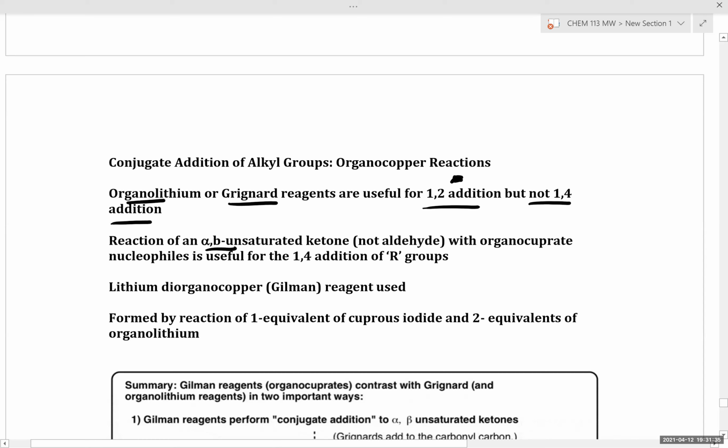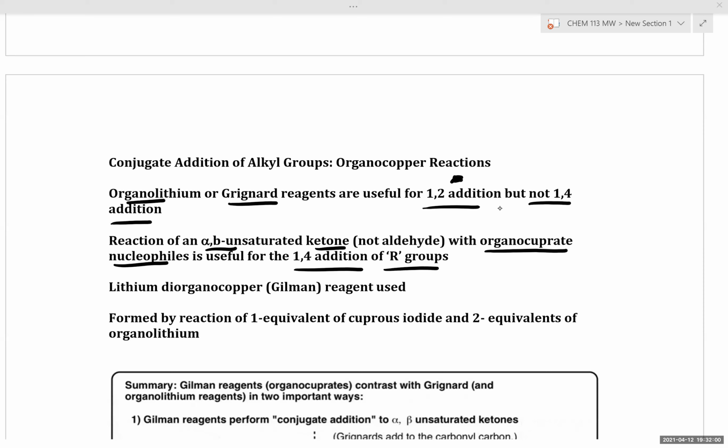Reaction of an alpha beta unsaturated ketone with an organocuprate nucleophile is useful for 1,4 addition of alkyl groups. So this is a useful method to install and form a carbon-carbon bond at the beta position or the 4 position.